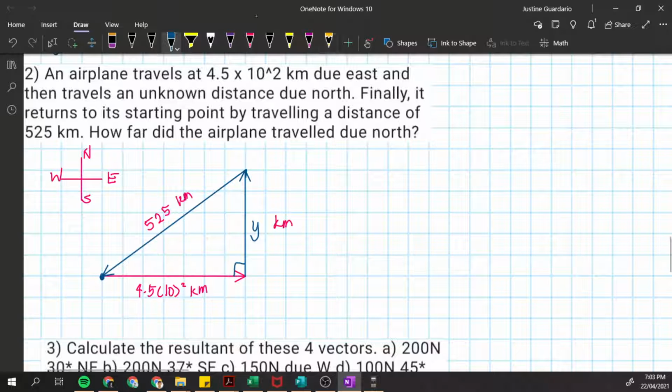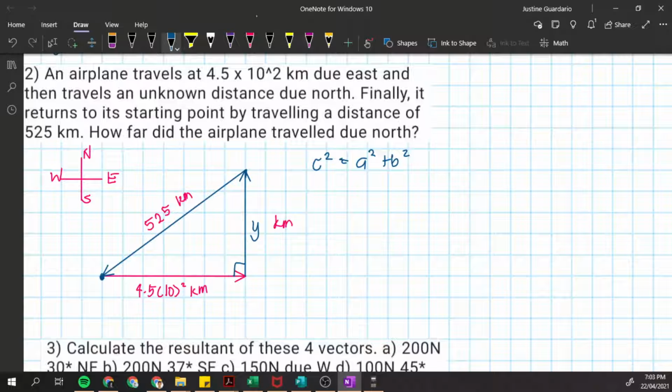To solve that, just by looking at the figure, we can utilize the Pythagorean theorem. Let's go back to our concept. We have here a right triangle, and we know from the Pythagorean theorem that the square of our hypotenuse is equal to the sum of the squares of our two smaller sides.